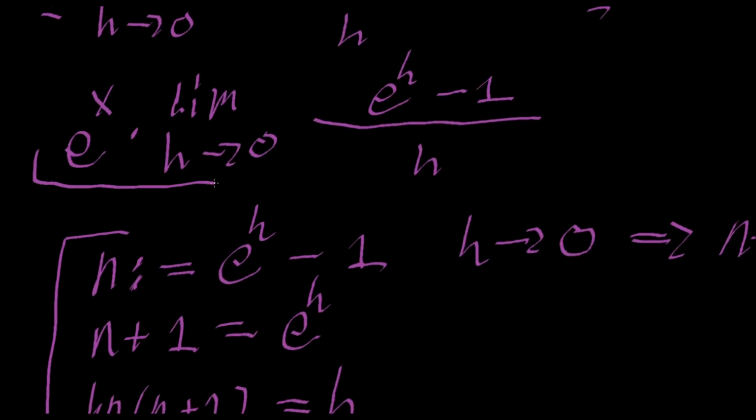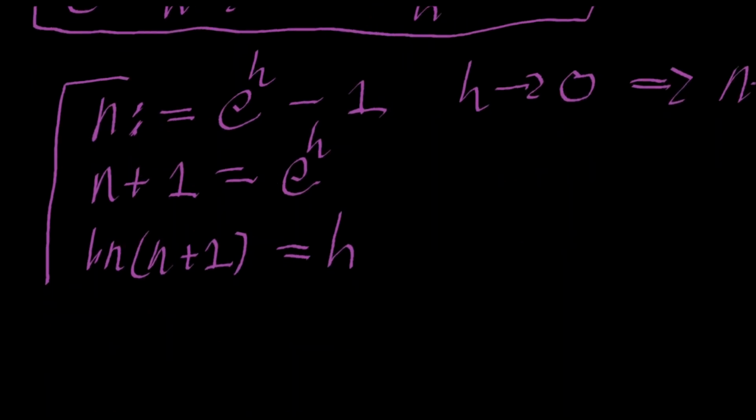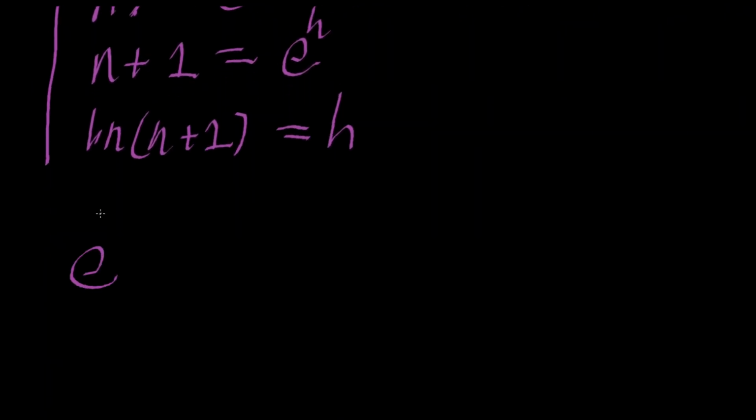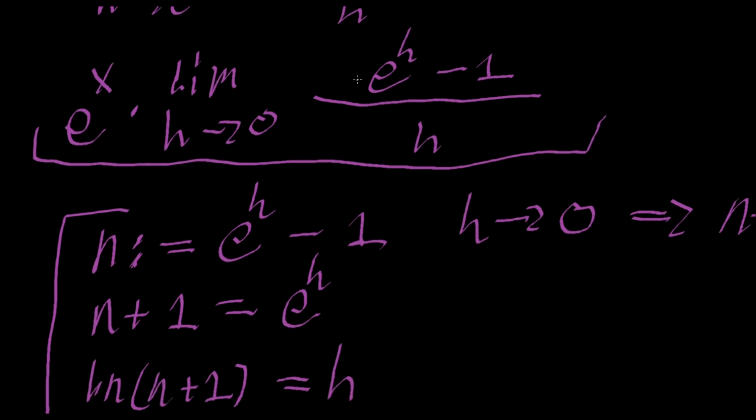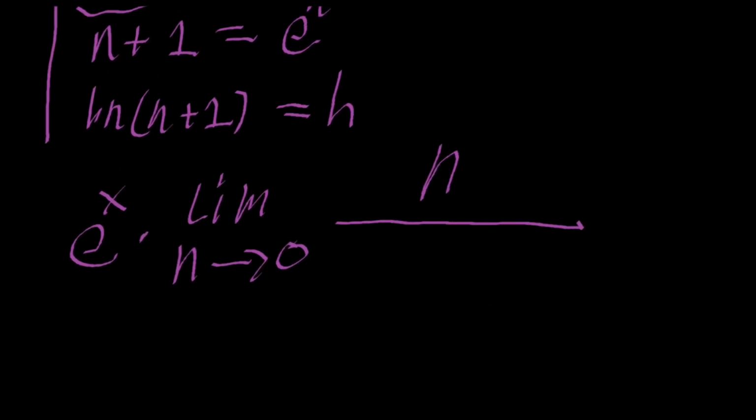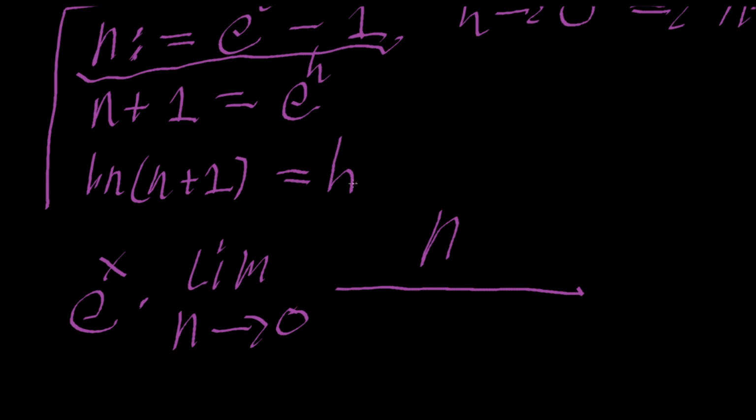So this entire thing may be rewritten as e to the power of x multiplied by the limit as n is approaching 0 of n, because that's just what we defined the numerator here to be equal to, divided by, and h was just ln of n plus 1.